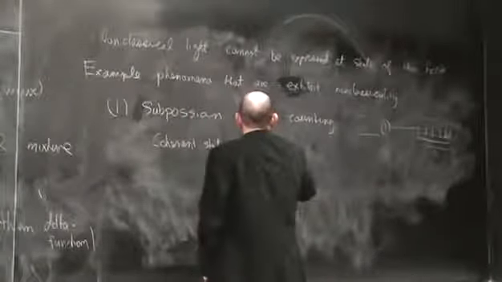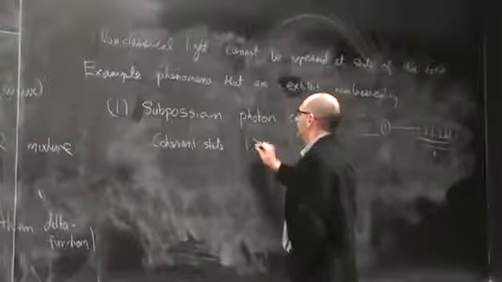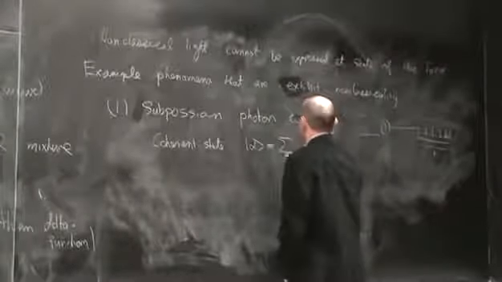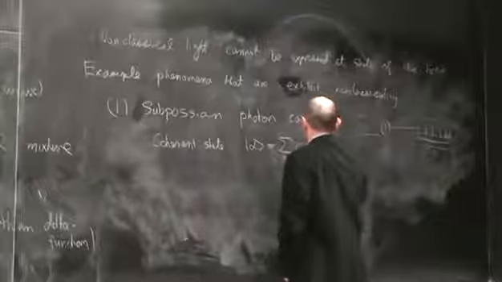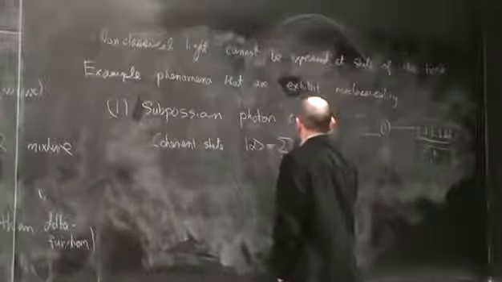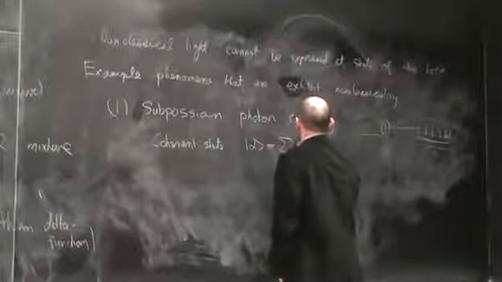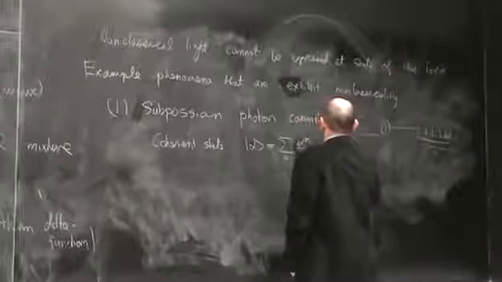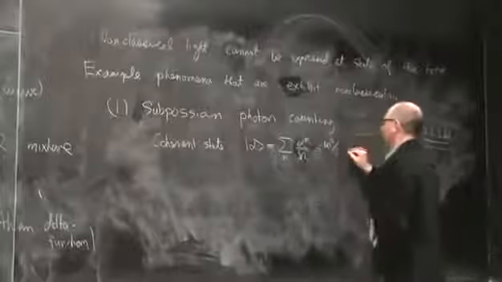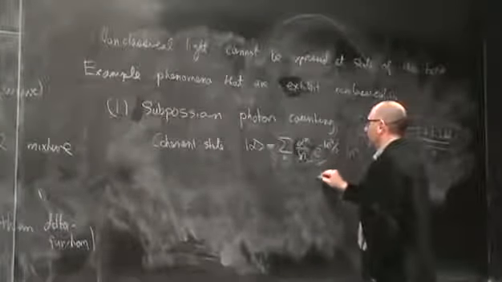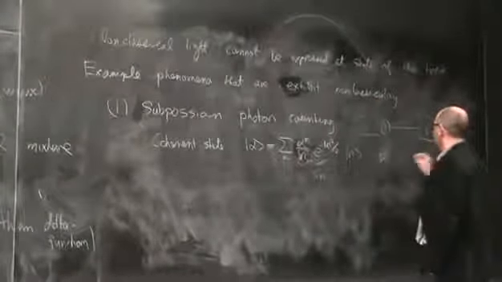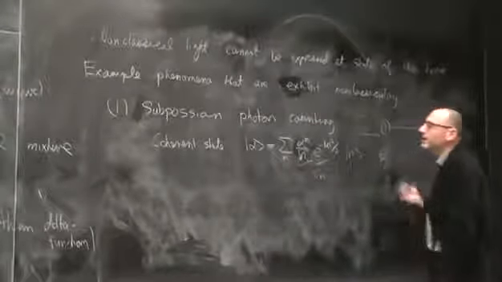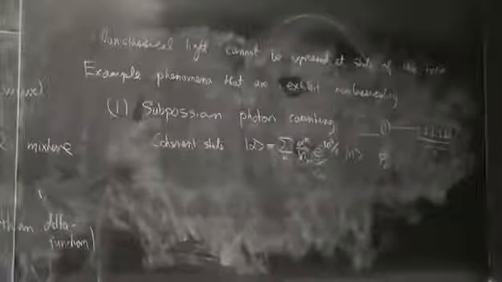let's just talk about a single mode of the field. We have alpha to the n over square root of n factorial, times e to the minus alpha squared over 2. This probability amplitude gives me the probability of counting n photons in that time interval that defines the mode, and that's what we're calling classical light.